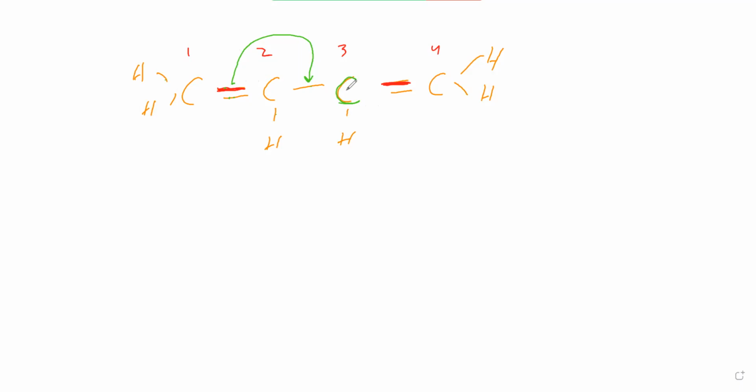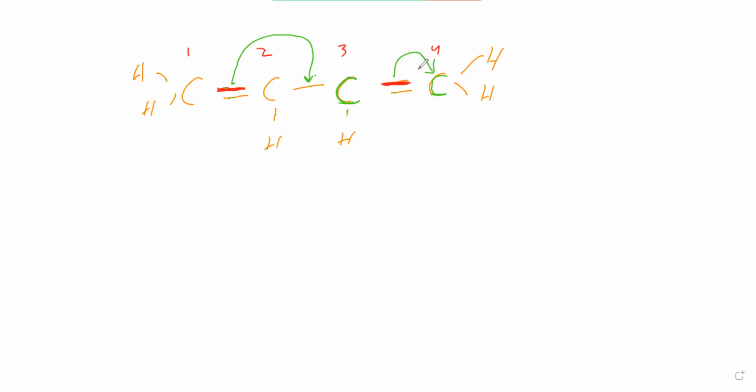So by doing this, how many bonds will this carbon carry? You can see 1, 2, 3, 4, 5, which is not possible. Is it clear? Yes, sir. So what will happen? Carbon 3 requests carbon 4 to take this pi electron towards itself. Okay, fine. Is it clear now?